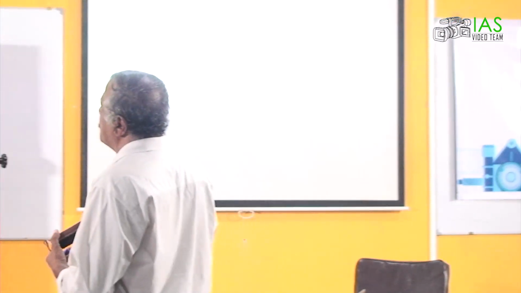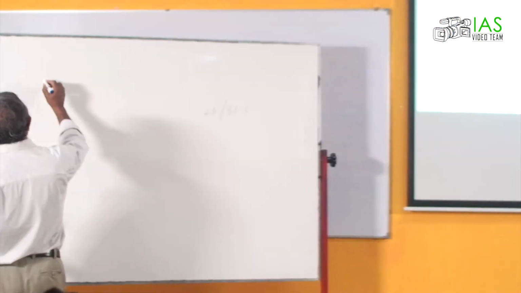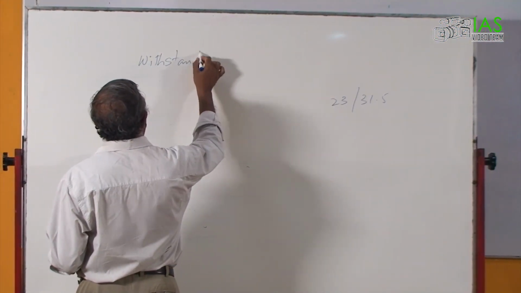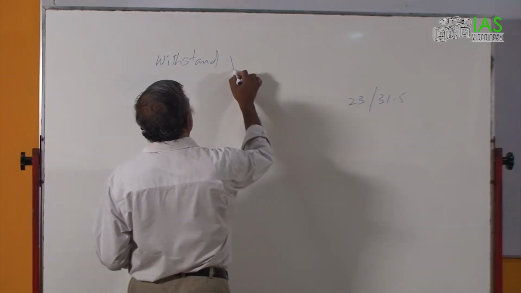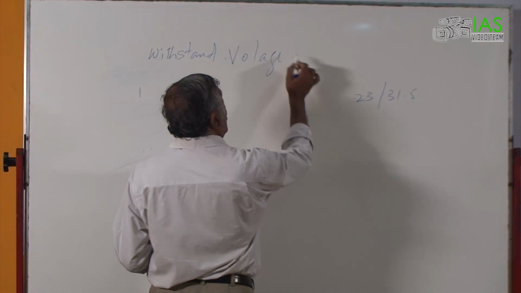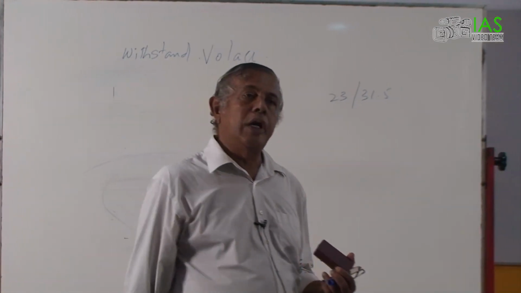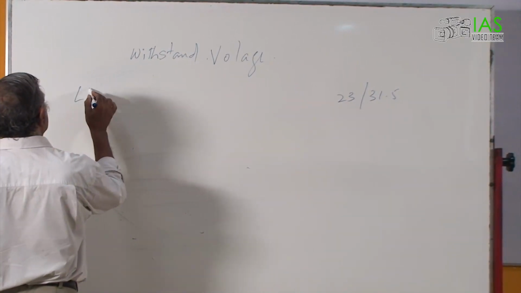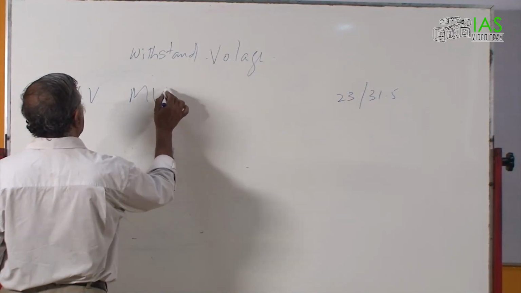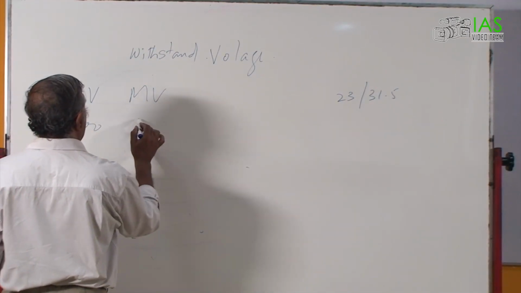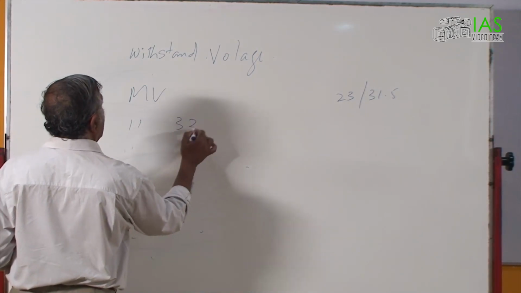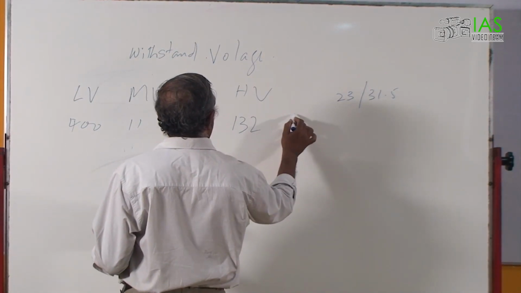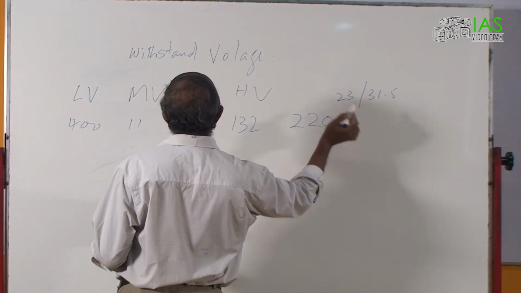So, BIL is just simple, and that is the withstand voltage of insulation. Now, a transformer will take from low voltage, 400 volts, and MV 11 kV and 33 kV, and HV 132 kV and 220 kV.